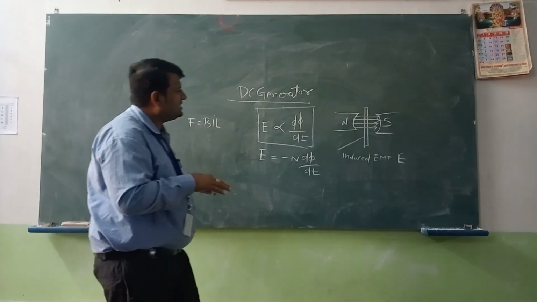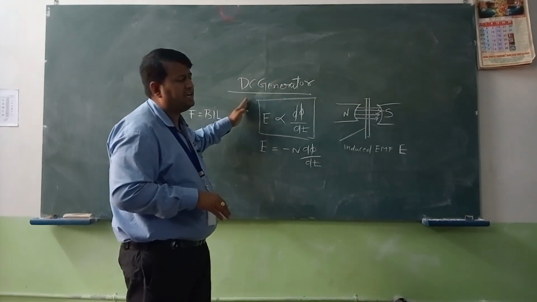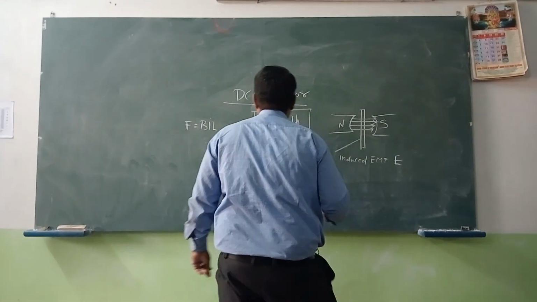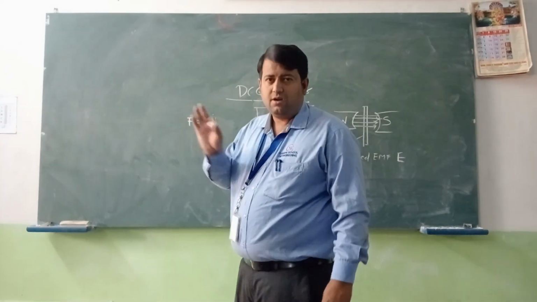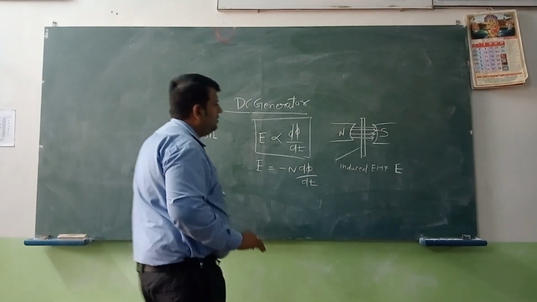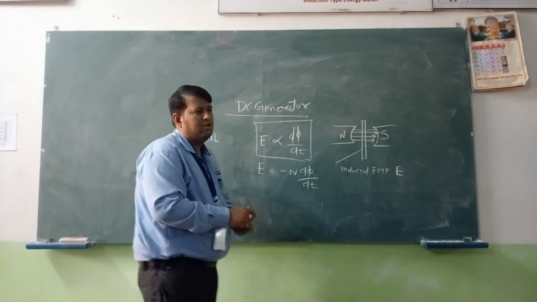So these are the concepts about the DC generator and DC motor. The DC generator is based upon Fleming's right hand rule, and the DC motor is based upon Fleming's left hand rule.